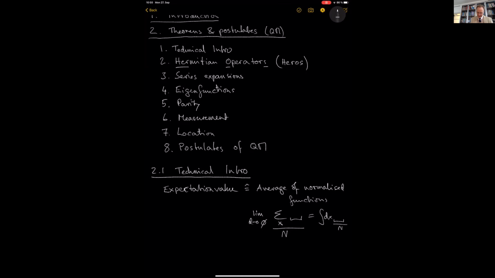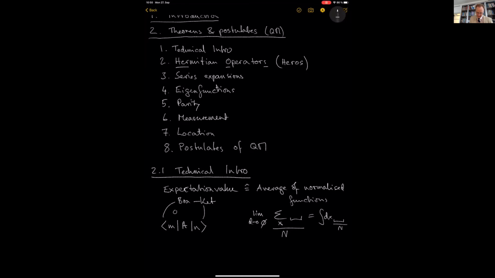Anyhow, so in our notation, the expectation value of an operator, right, could be written in bracket notation as something like this, okay? So this is bra and ket.